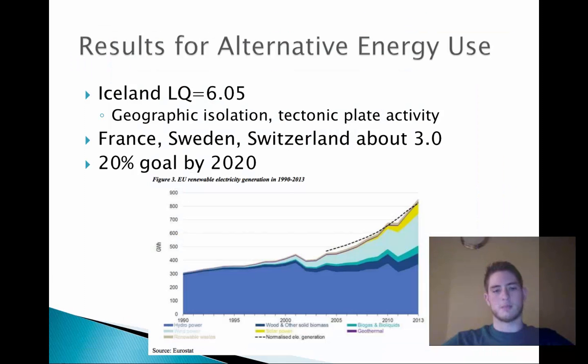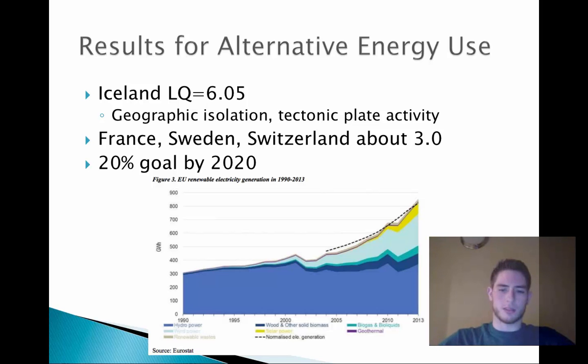If you look at the data specifically, its location quotient was 6.05, and about 90% of their total energy is alternative energy. And just for comparison, France is second behind them, and they only have 47% of their energy from alternative.